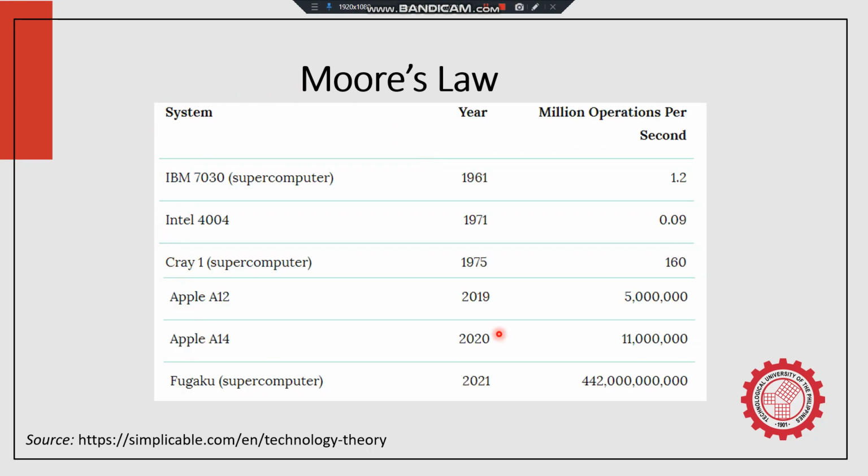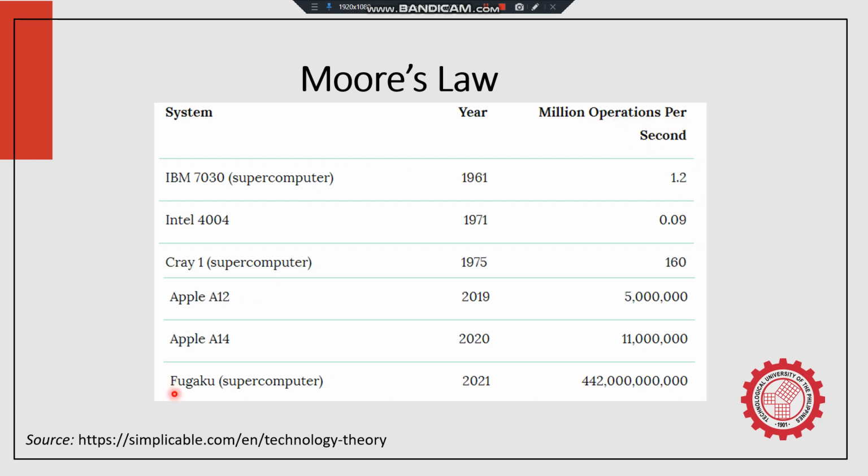So, I just picked the first three and the last three of the table of the evolution of computers. Okay, so in 1961, we have the IBM supercomputer, and it has 1.2 million operations per second.